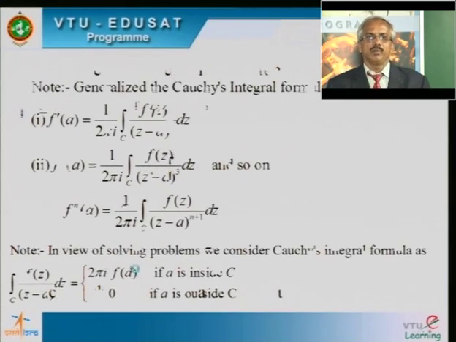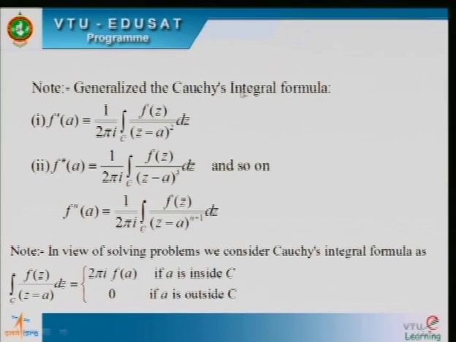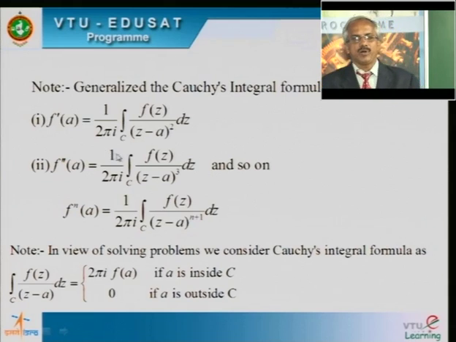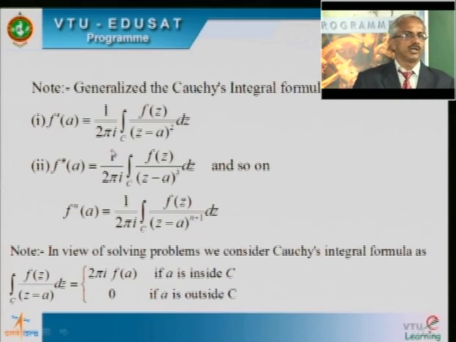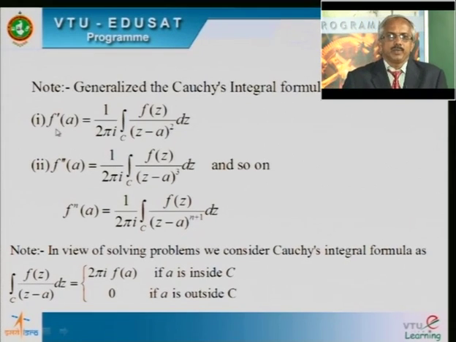By using this formula, we can generalize the result, that is the generalized Cauchy's integral formula for f dash a. If f of z is an analytic function, the derivatives exist, and the value of the derivative can also be determined by the generalized Cauchy's integral formula.